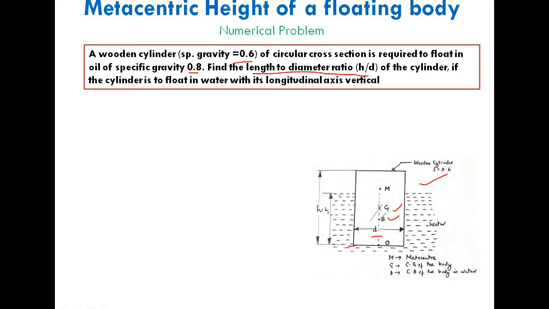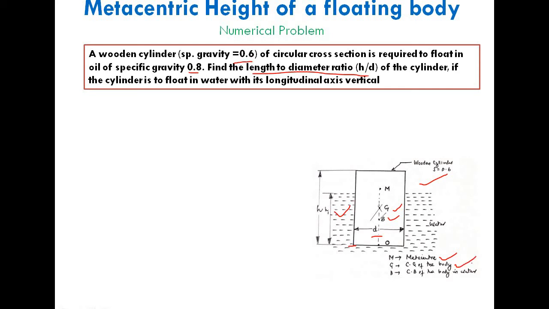Let the immersed portion be h1, so h1 is the depth of immersion. O is the bottommost point, so OB will be h1 by 2, because B is the center of gravity of the immersed portion. So OG is h by 2 and OB is h1 by 2. Let us see what BG is. M is the position of the metacentre.